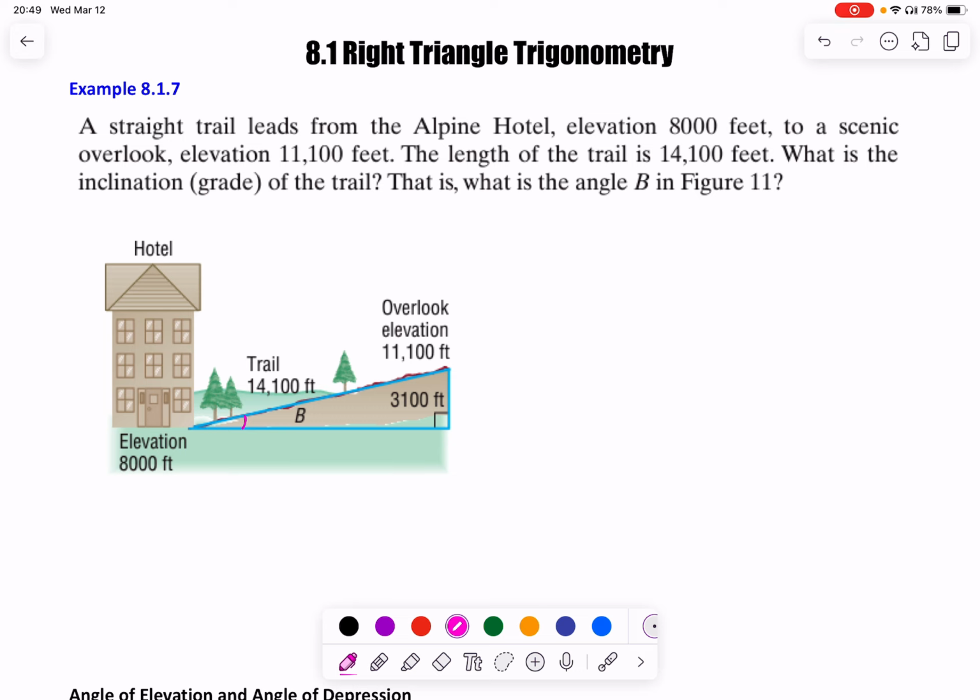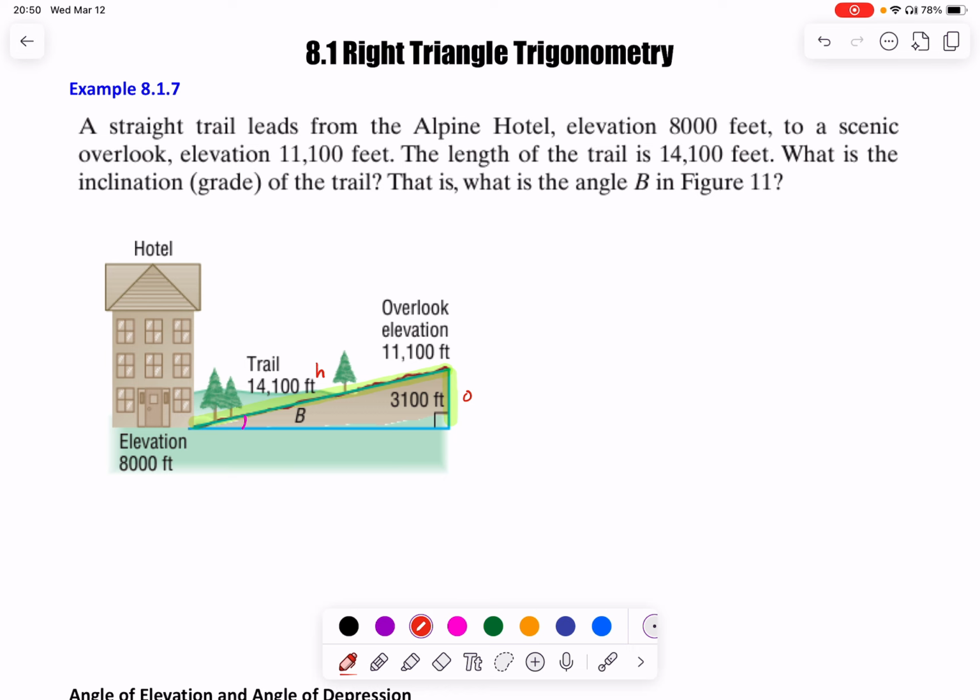So we're given the length of this trail, which again is this piece right here, and we know the total elevation. If you think about this in terms of right triangles, this would be our hypotenuse, and this would be our opposite side.